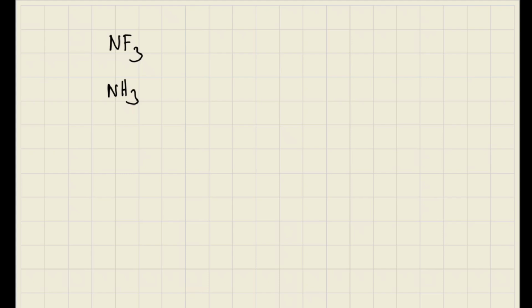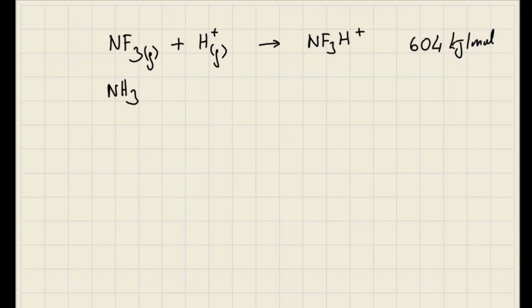And if we look at the reaction in the gas phase, always gas phase, the proton affinity of NF3 is 604 kJ per mole, and for the NH3 gas phase reaction it is 872 kJ per mole.